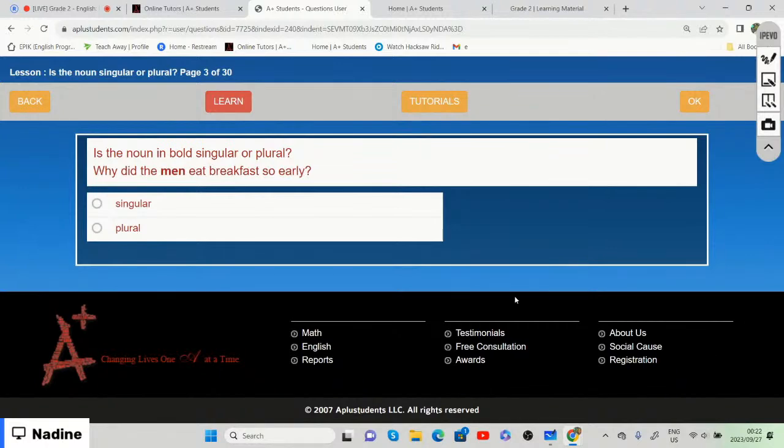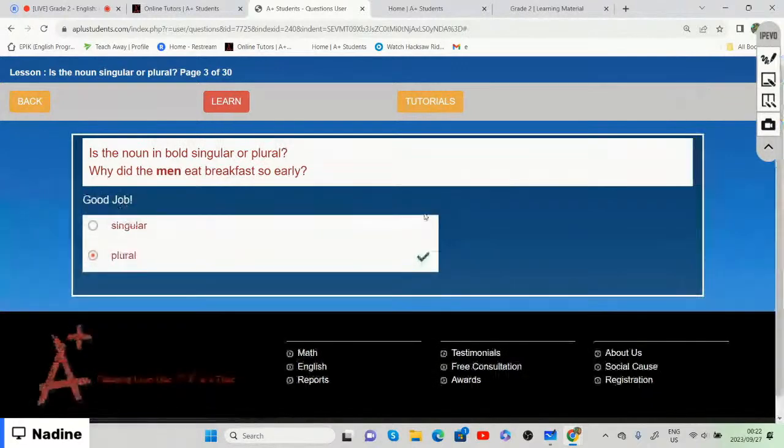All right, so now if we look specifically at that word men, it refers to more than one man, because man is referring to one man only, and men refers to more than one. So we're going to say men is plural. And if you said that too, then well done.